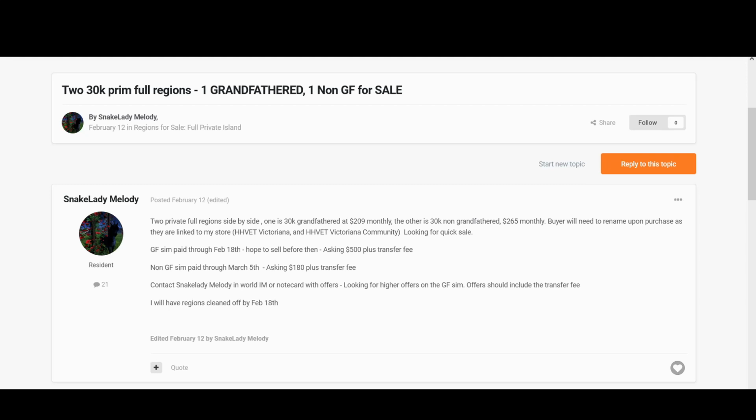And that is reasonable when you consider that to start your own region is about $150 more than that. This person is saying that they will have it cleared off by the 18th.